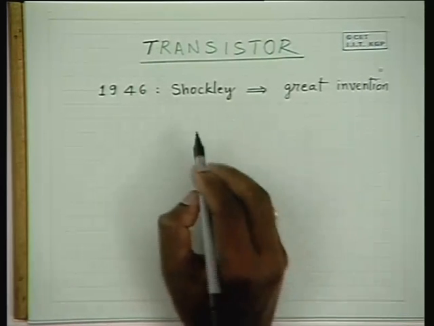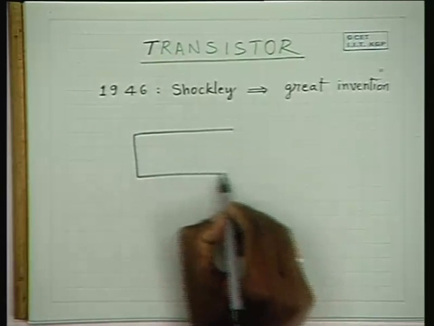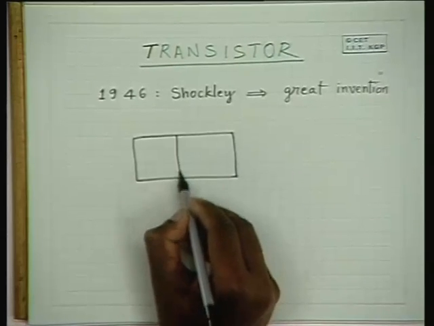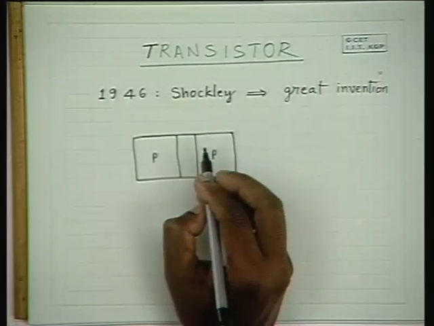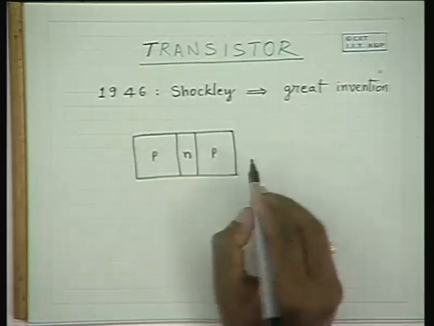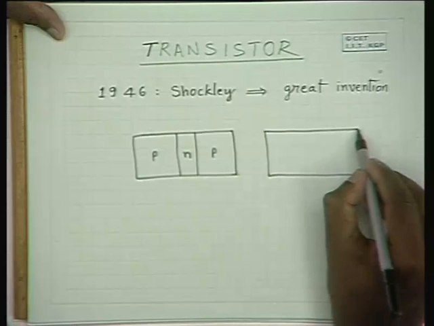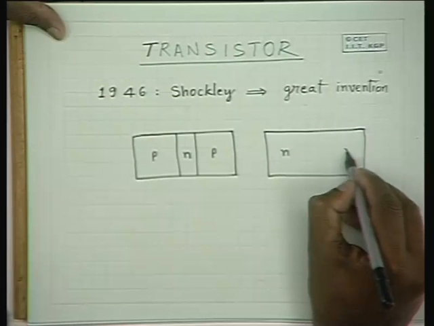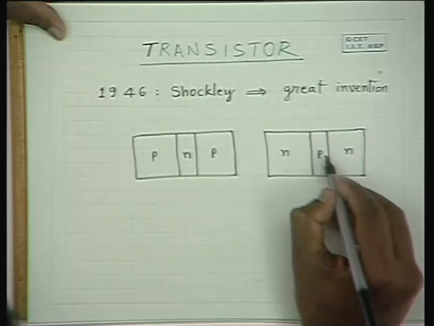A transistor is a 3-terminal device. It can be made out of 2 p-type semiconducting materials with an n-type material sandwiched in between, or 2 n-type materials sandwiching a p-type material between them.